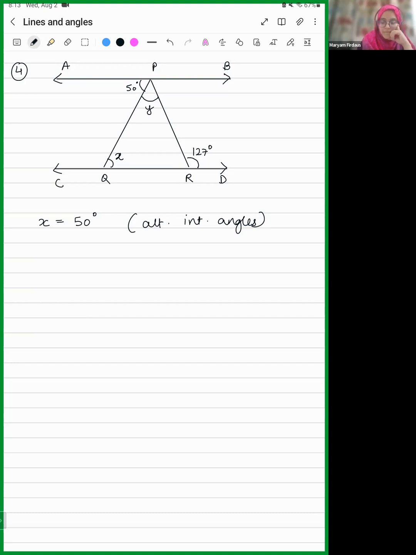Zen, this is very simple. I'm not going to give you guys a hint. You have found x, which is 50. Now what? How do you find y? Come on.